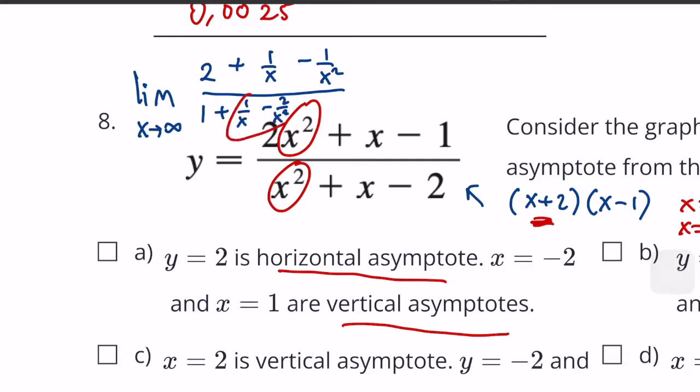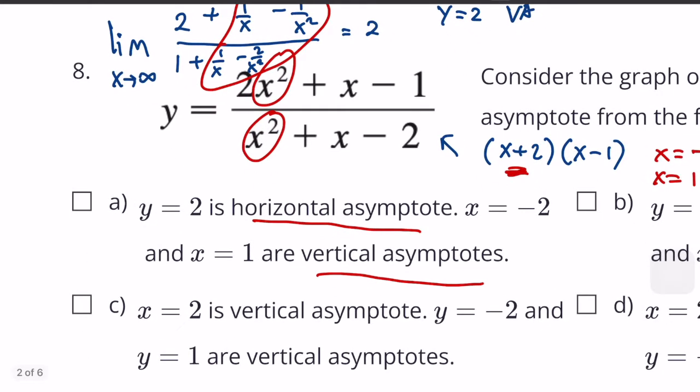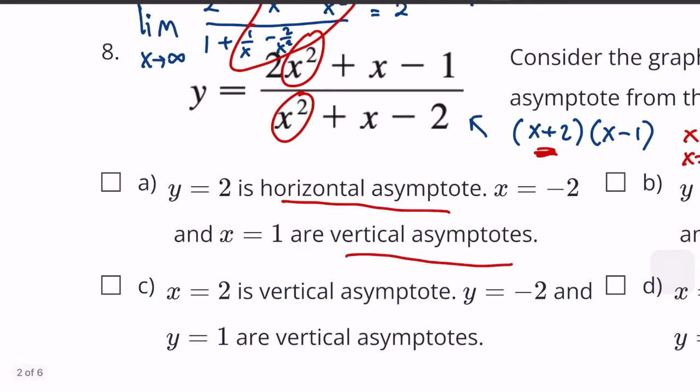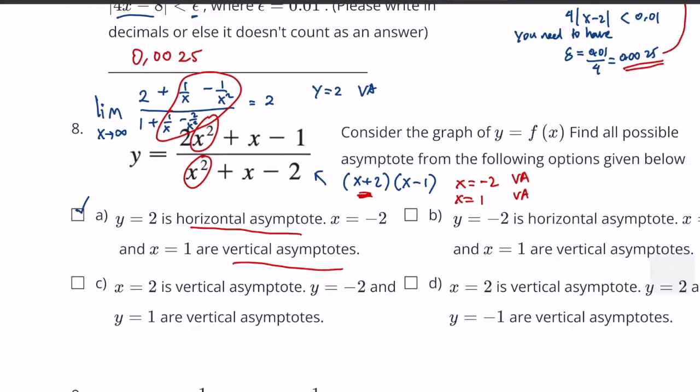So all the terms here become 0, so it will be 2. So probably y equal 2 is our horizontal asymptote, and that is actually our answer. A.